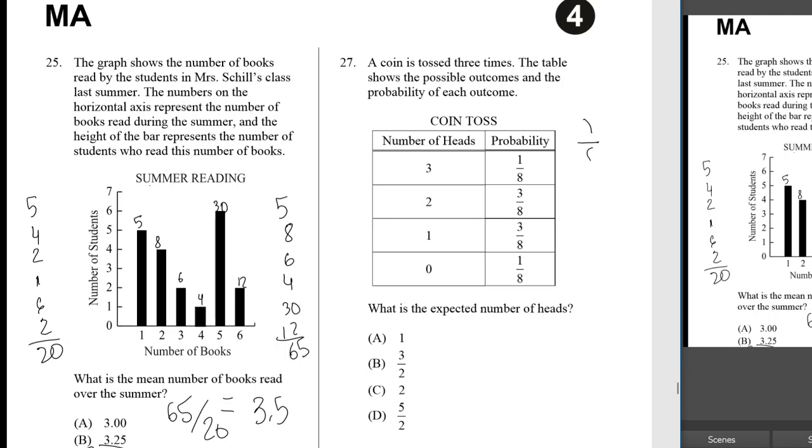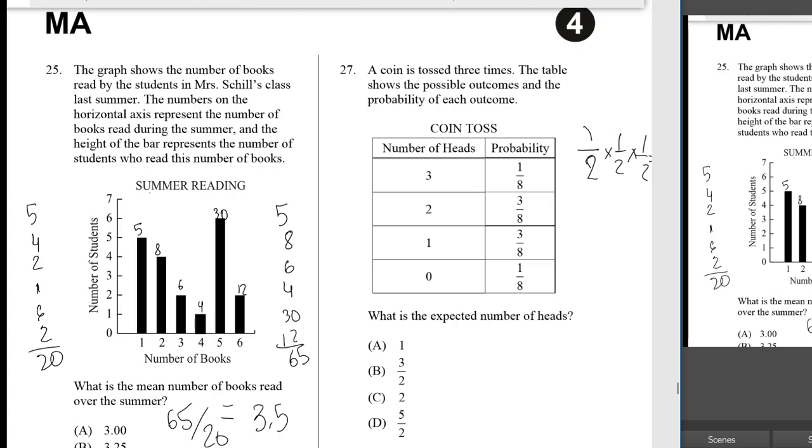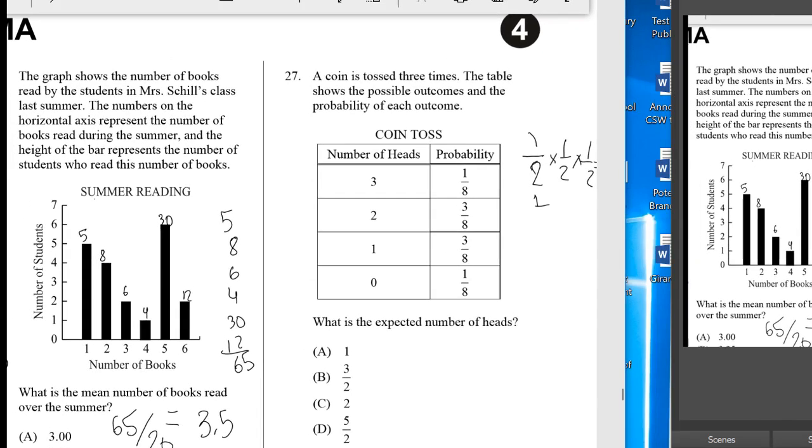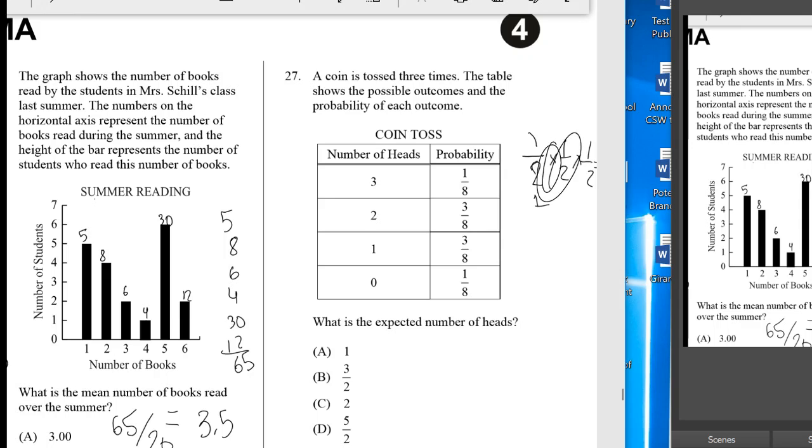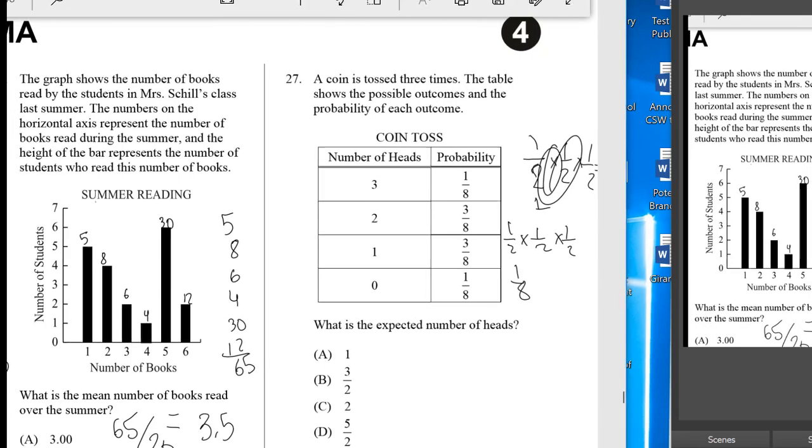Because the chance of getting heads is 1/2 times 1/2 times 1/2, which is 1/8. So that's the chances of that happening 3 times in a row.